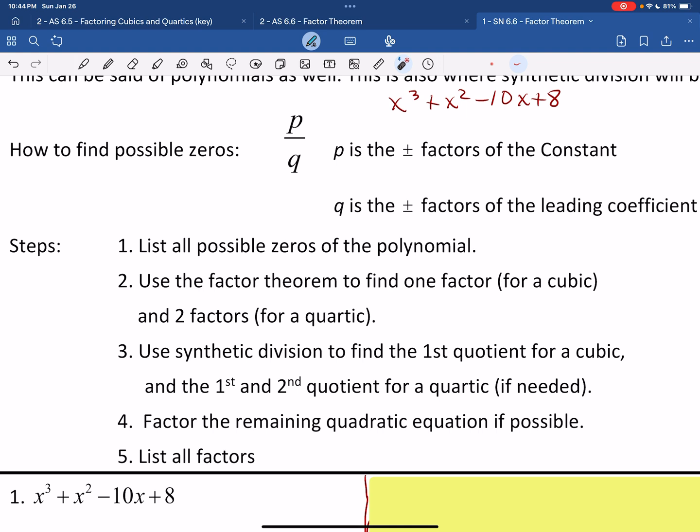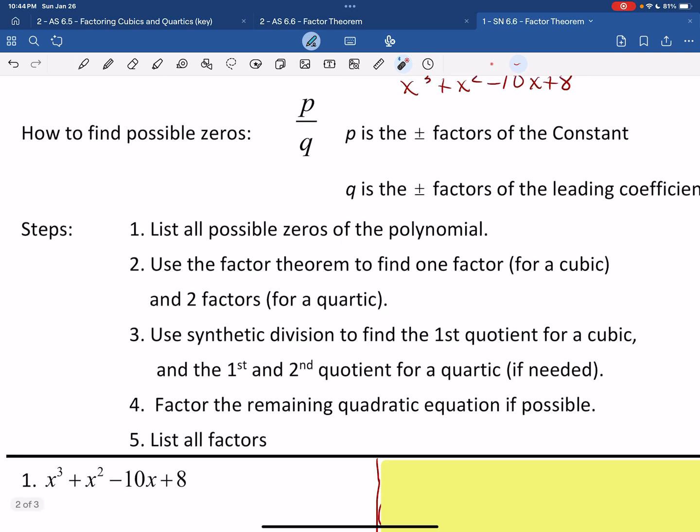There could be some irrational numbers like square roots, but these would be the only possibilities for rational numbers.